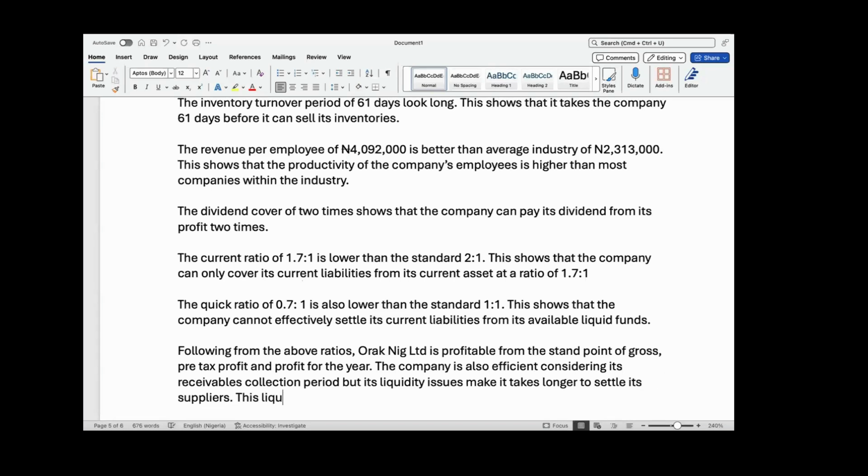This liquidity issue might partly be as a result of slow moving inventory, as it takes the company 61 days to sell its inventories.